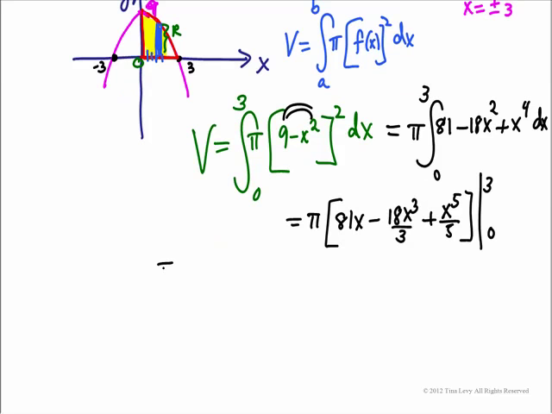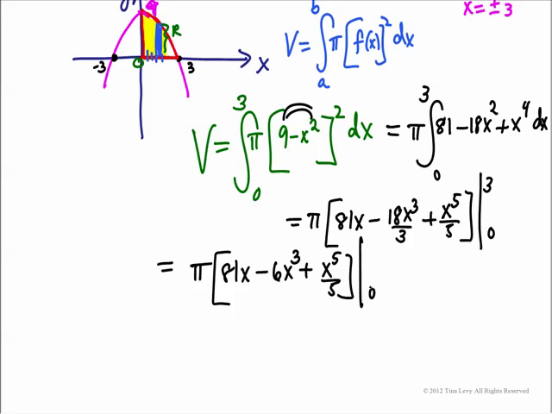So this is pi, 81x minus 6x cubed plus x to the 5th over 5 from 0 to 3. And we love 0. Makes it much easier. This becomes pi, 81 times 3, 243, minus 6 times 3 cubed, which is 27, plus 3 to the 5th is 9 times 9, 81 times 3, 243, over 5.